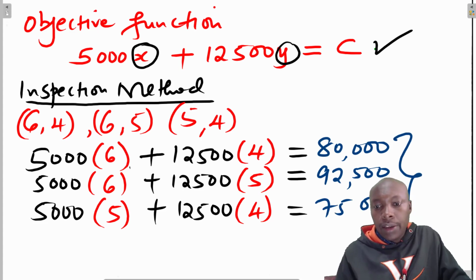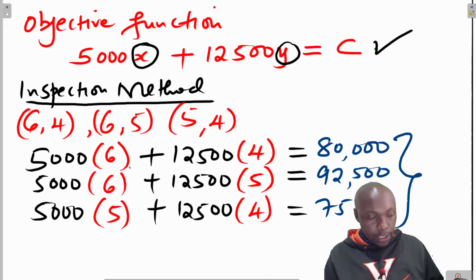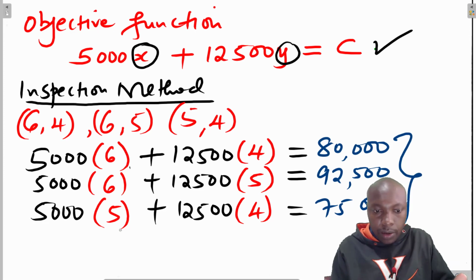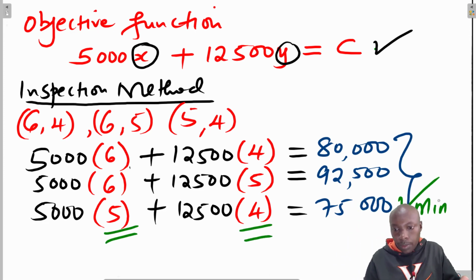So these are the costs. Now we need to check the one that has given us the least cost. That is the one that is going to give us the minimum cost, and automatically, as you can see, 5, 4 is the one that has given us the minimum, so the least cost.